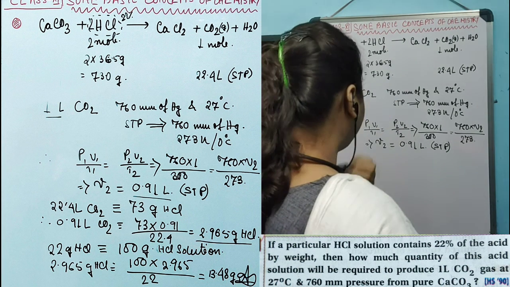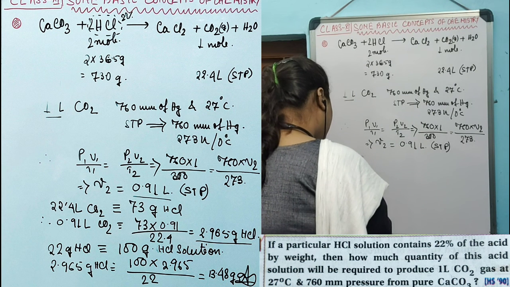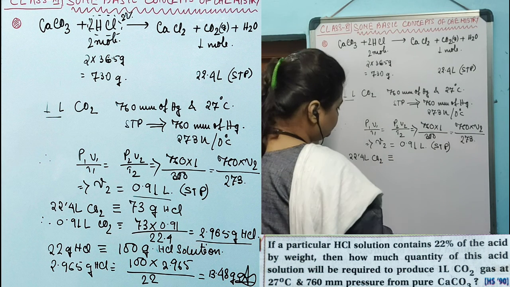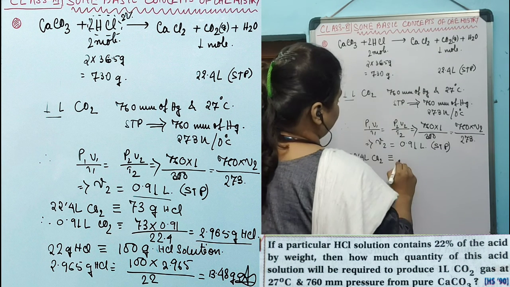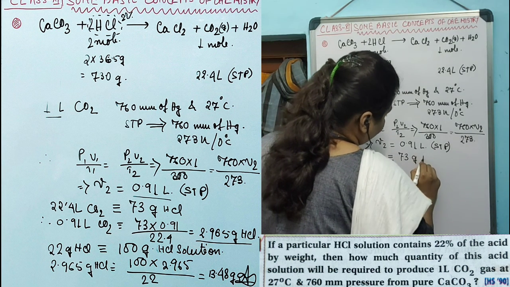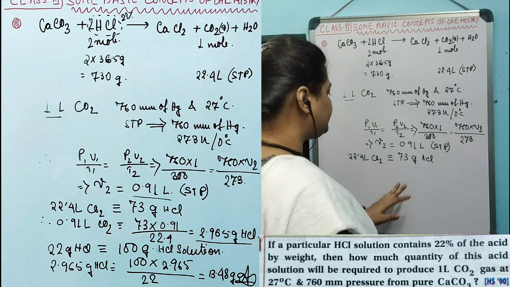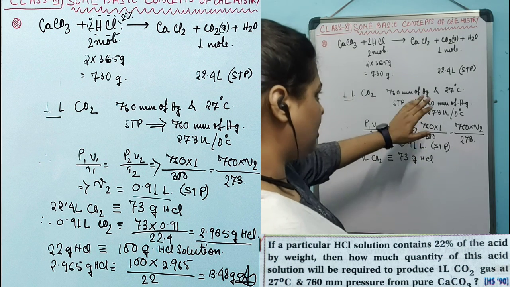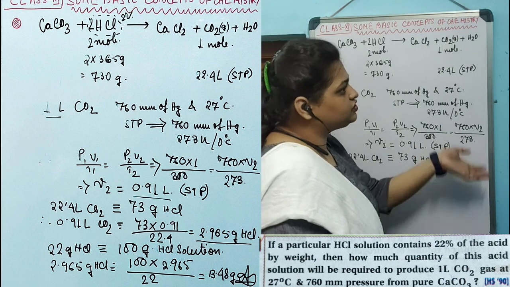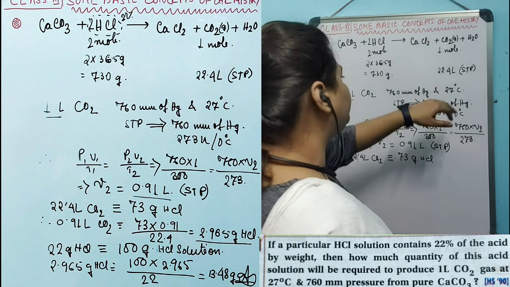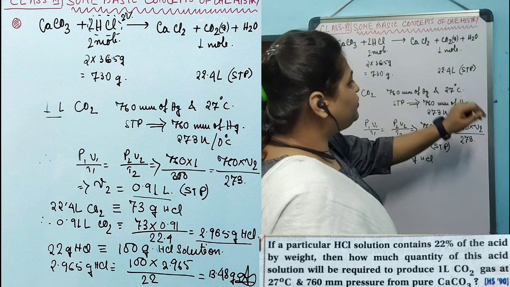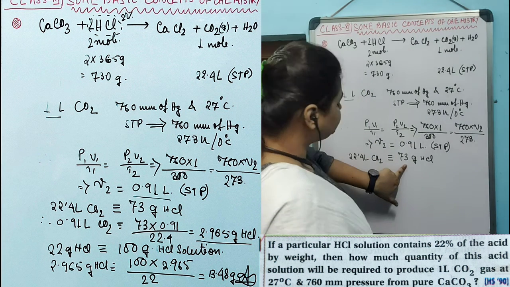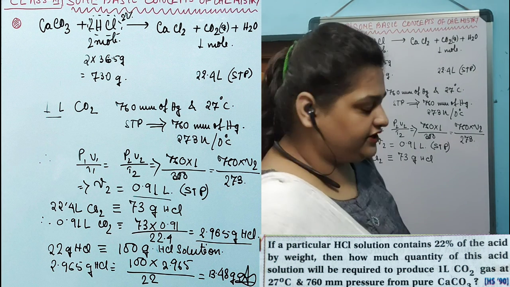Now, we know that when 22.4 liter carbon dioxide gas is produced, it is produced by 73 gram of HCl reaction. When 73 gram of HCl is reacting, 22.4 liter of carbon dioxide at STP is being produced. In the opposite way, we can say that 22.4 liter of carbon dioxide gas at STP is produced when 73 gram of HCl is being reacted.